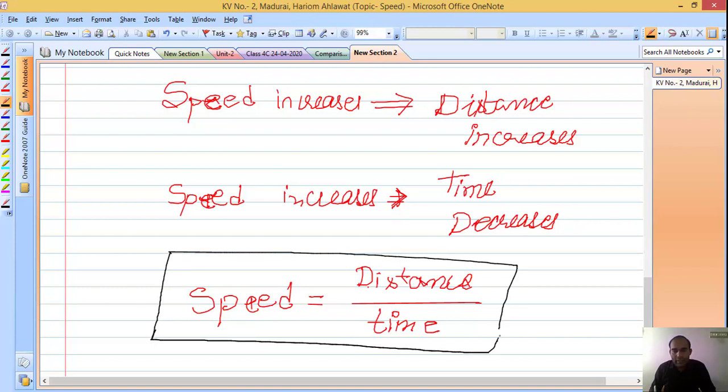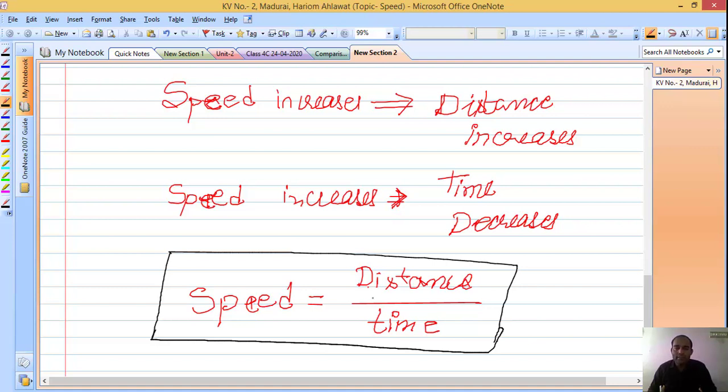With the help of this formula, you can find out speed if you know distance and time. So you need to know only two things and you can find out the third one. How many parameters are there? Speed, distance, time.